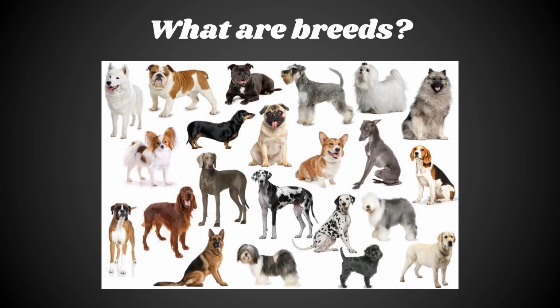Another question may be, if all dogs are one species, why are there so many different dogs? These differences are called breeds. A breed is a group of animals that have been selectively bred by humans for certain traits. This is called artificial selection and is not caused by nature.